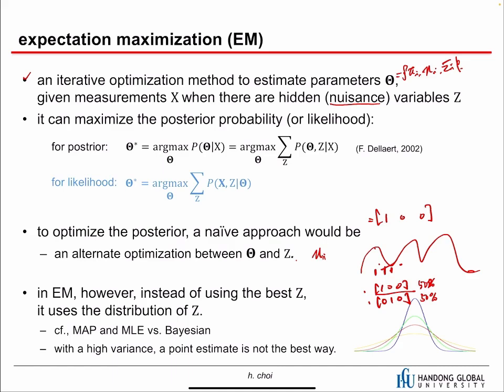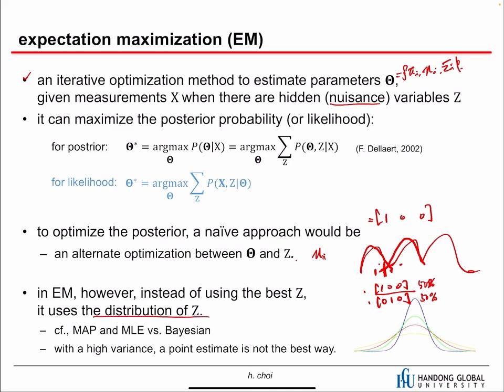So instead of using the best one, think about this point. For sure, the first component is the best choice, but the second component has something to do with this sample with some probability. So instead of using the best shot, we use the distribution of z.